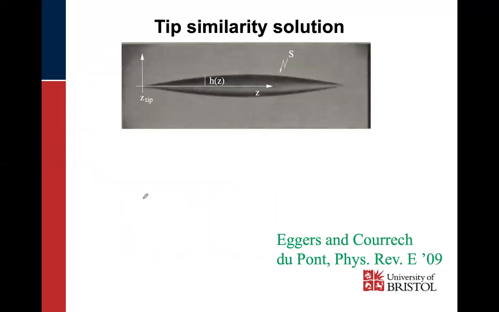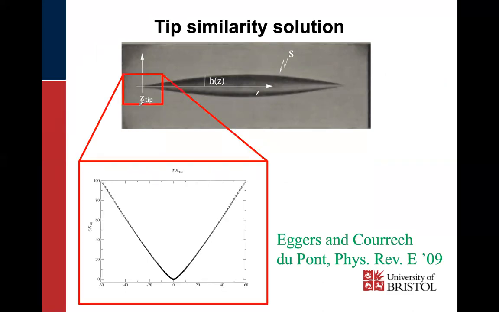So the first idea is that just as Jeong and Moffatt have done, we want to describe the neighborhood of this tip with a similarity solution, and we guess that, just as Jeong and Moffatt, the characteristic scale of the similarity solution is the tip curvature, or the inverse tip curvature.